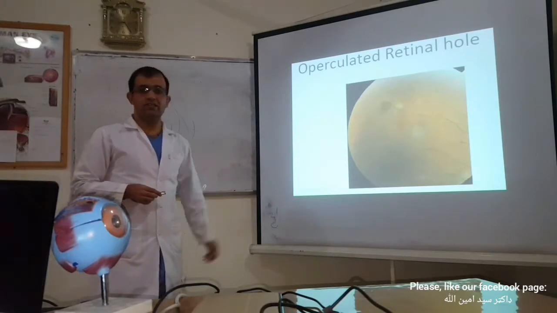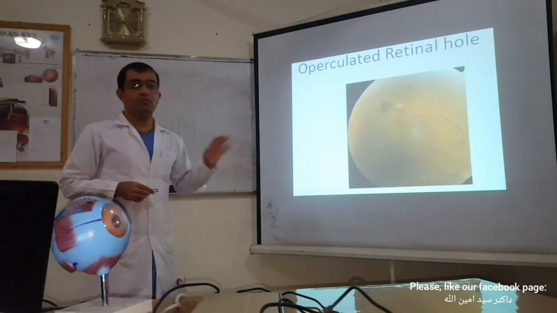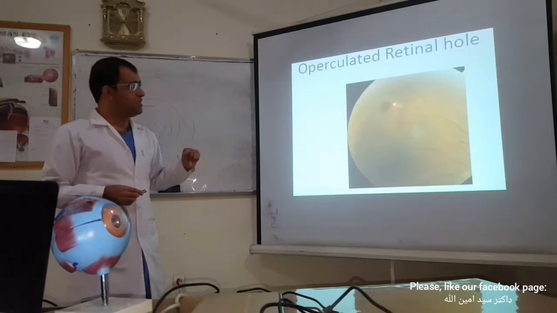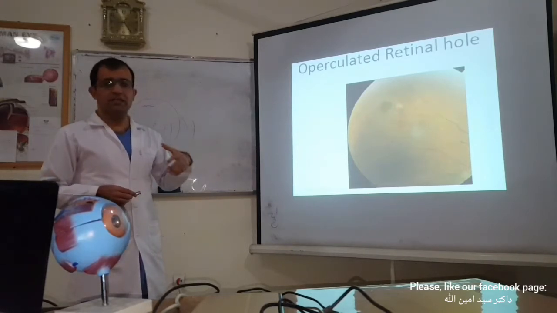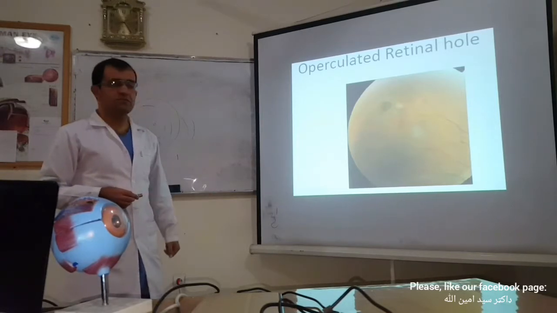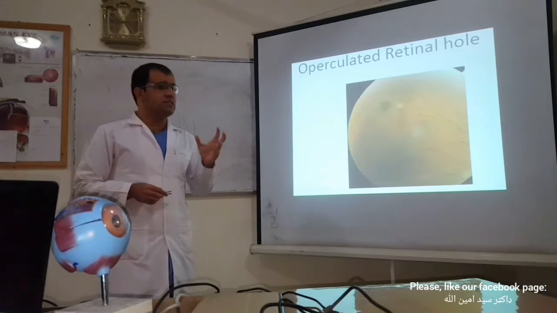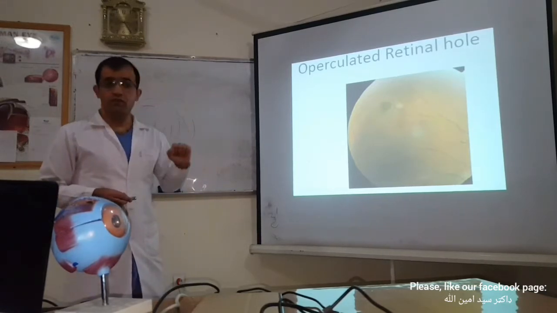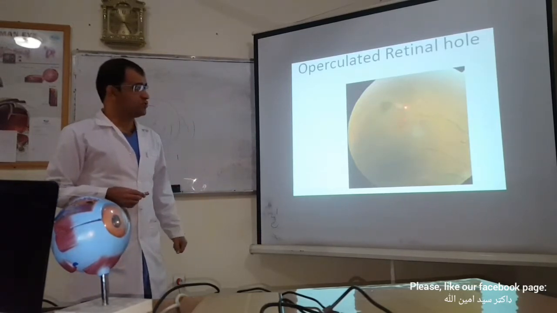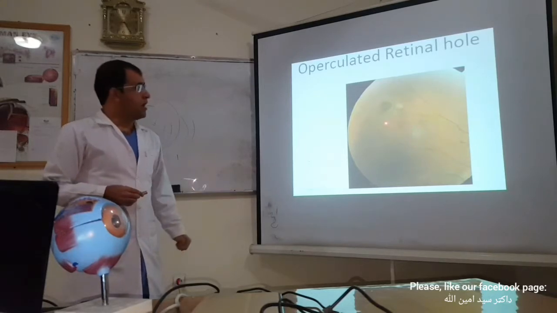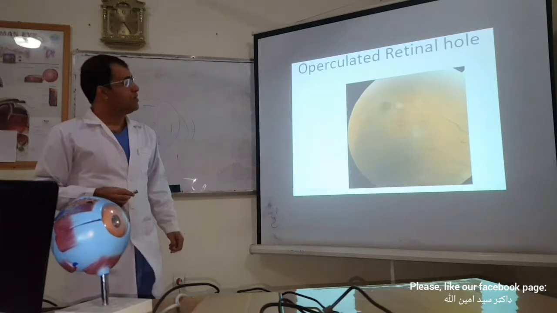In these conditions, the patients are symptomatic. When this part also separates and it completely becomes free floating, then the patient becomes asymptomatic. But some of the patients may sometimes have some kind of flutter, because this is going to give a shadow on the retina. Okay, we will go next.